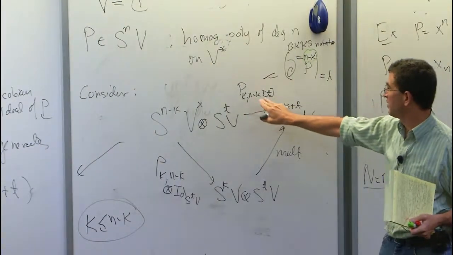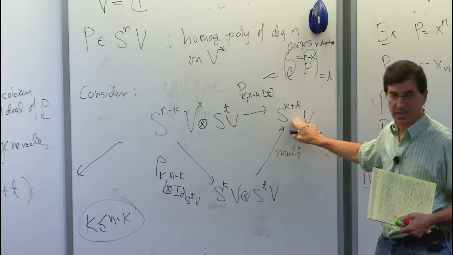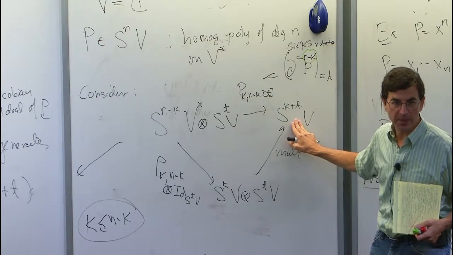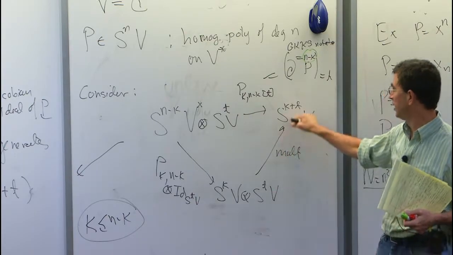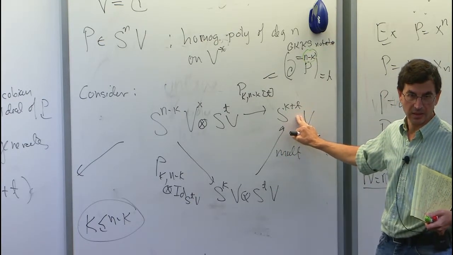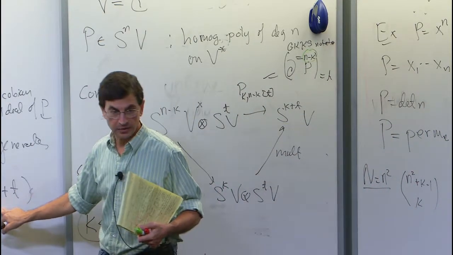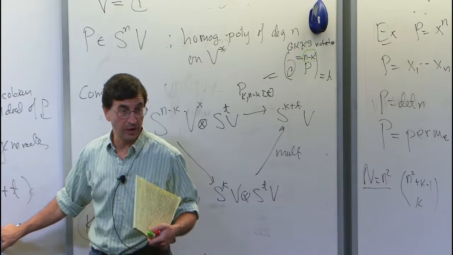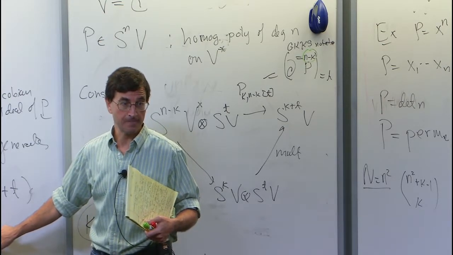Okay? Now let's fix k and allow t to vary. The images of these linear maps are exactly the component of the ideal in degree k plus t. And therefore, the rank of this linear map, as a function of t, is nothing other than the Hilbert function of that ideal generated in degree k.